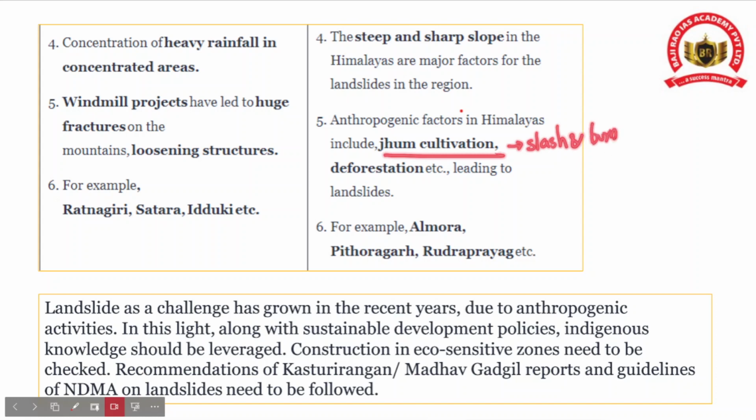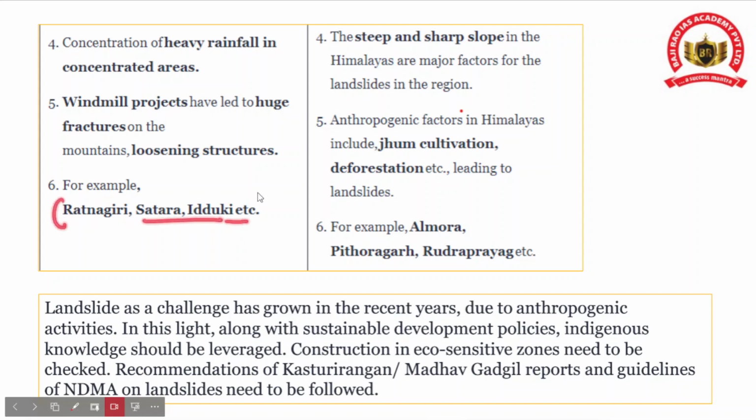In slash and burn cultivation, generally the indigenous people cultivate crops in one particular area, and after they harvest the produce, they just burn down the area and abandon it. That is very often associated with deforestation, and deforestation will result in landslides. So we can mention examples in Western Ghats like Ratnagiri, Satara, and Idukki.